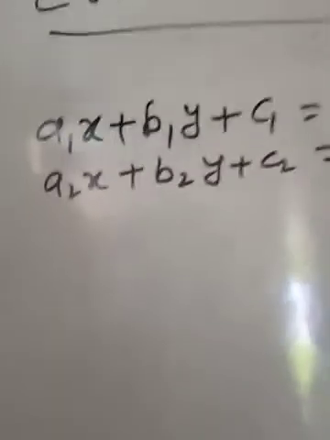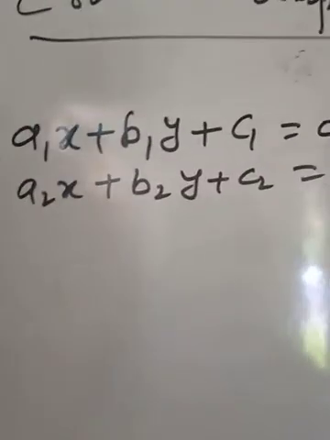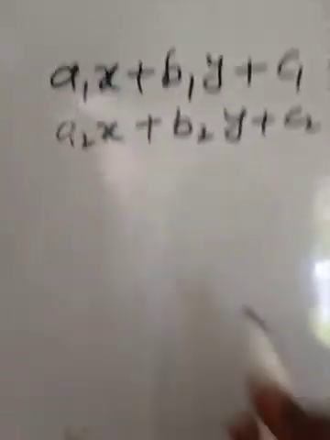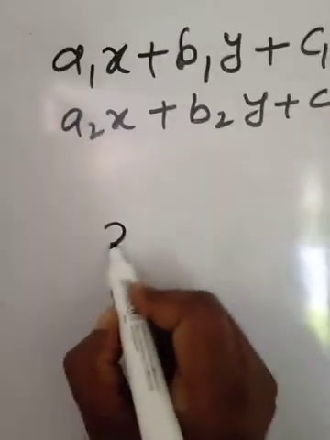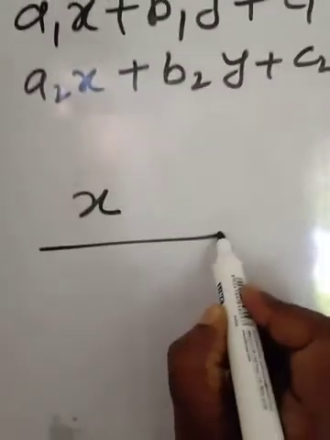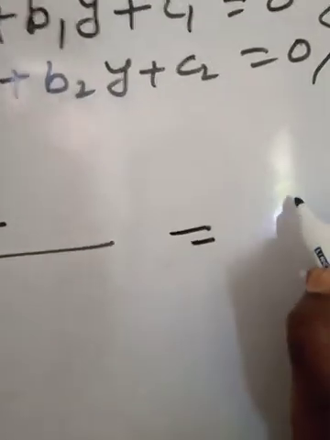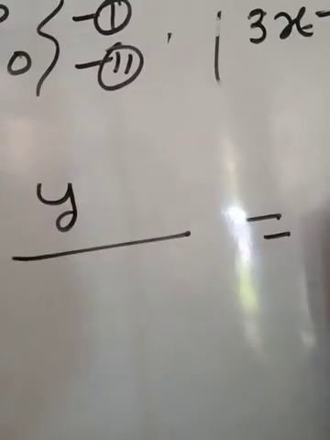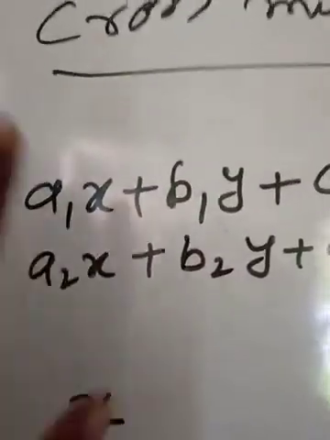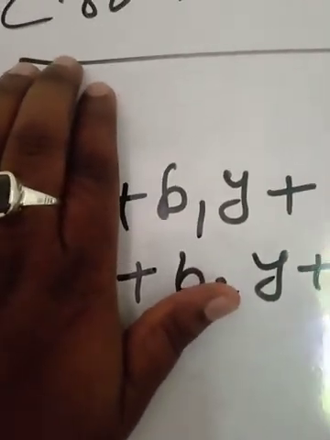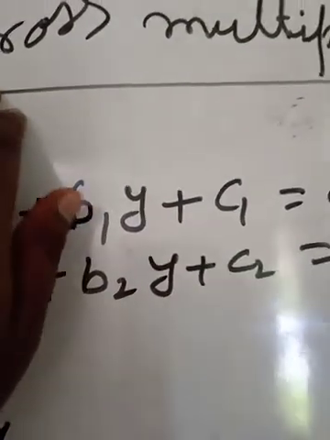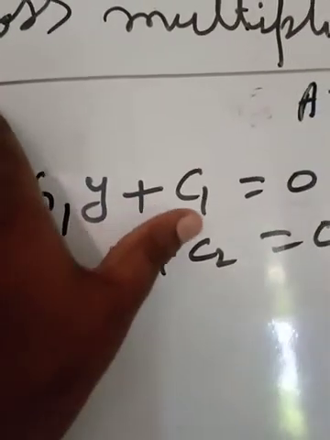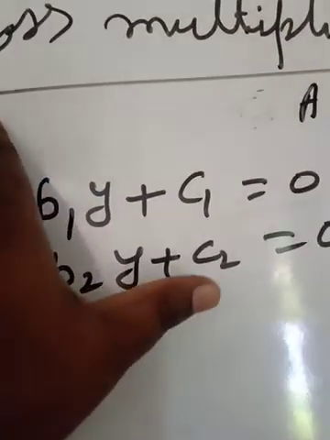Now for solving these linear equations of two variables, we have to write here x, and this is the sign of denominator. Now write here y, and there is only 1 for the last term. Look here, first of all, this is x, so hide the x terms. Now you can see only b1y plus c1 and b2y plus c2.